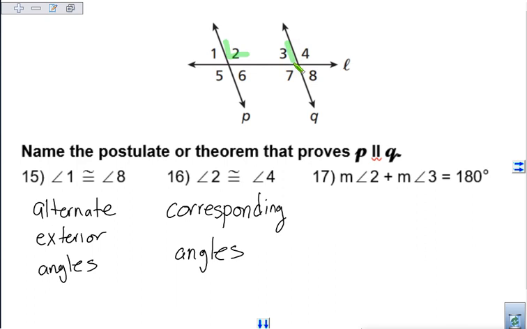And then we're looking at angle 2 and angle 3 adding up to 180 degrees. So angle 2 and angle 3 are on the same side of the transversal, and they're interior angles. So these are same side interior angles. They are also the only ones that can add up to 180 degrees.